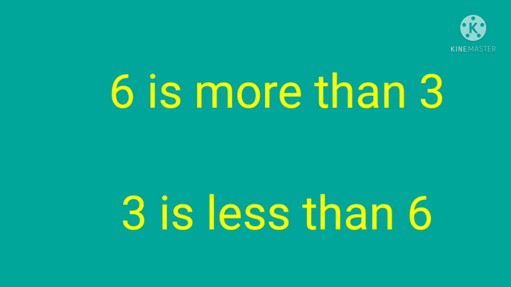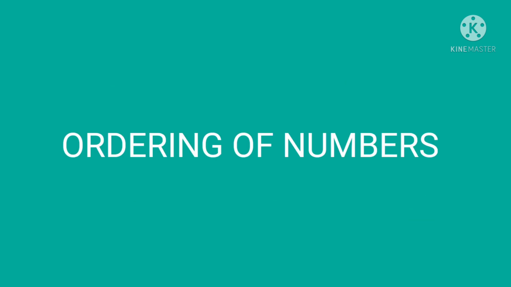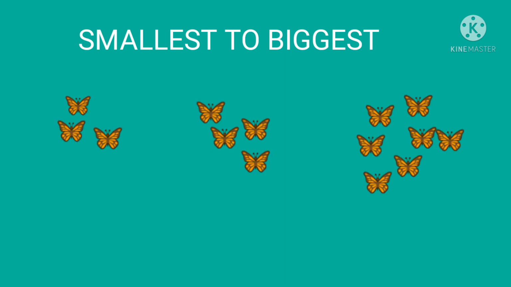Now let us order or arrange the numbers from smallest to biggest and biggest to smallest. This is called the ordering of numbers. First let us see how to arrange numbers from smallest to biggest. Let us take a look at the 3 sets of butterflies here.